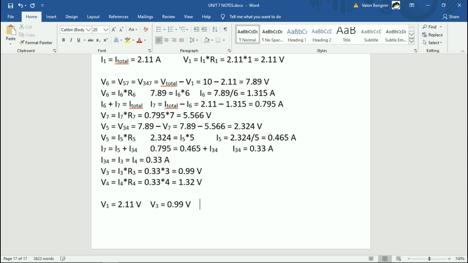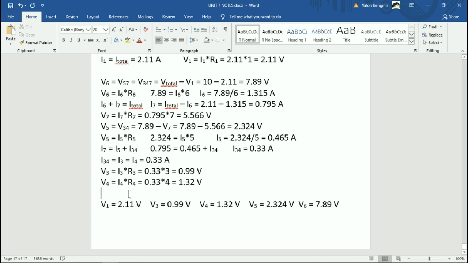V4 is 1.32 volts. V5 equals, where's V5? V5 is 2.324 volts. V6 equals, where's V6? V6 equals 7.89.